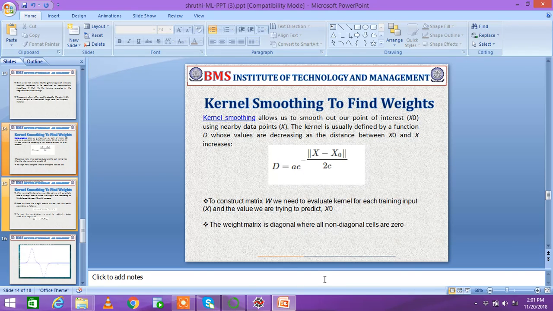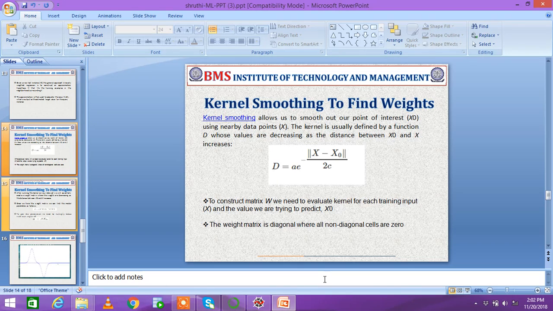The kernel is usually defined by a function d is equal to a into e to the power minus the dot product of x minus x naught divided by 2c square, whose values are decreasing as the distance between x naught and x increases.